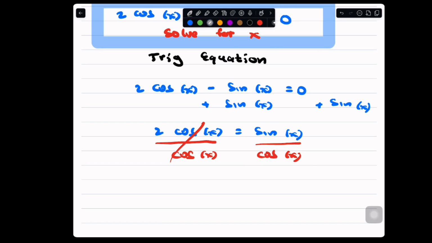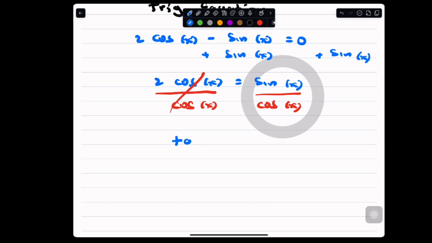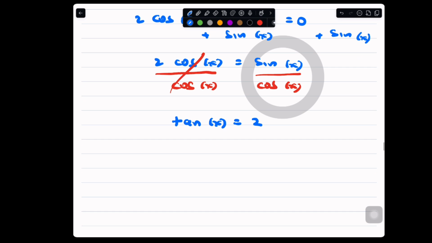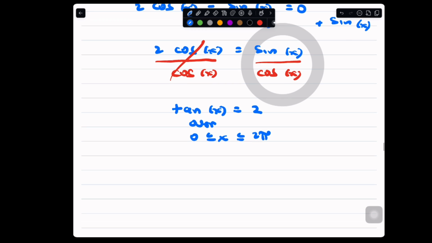On the right side, anybody remember, what's sine over cosine? It's tangent. So you have tangent x equals the number 2. And this is over your restricted domain from 0 to 2 pi. Okay.